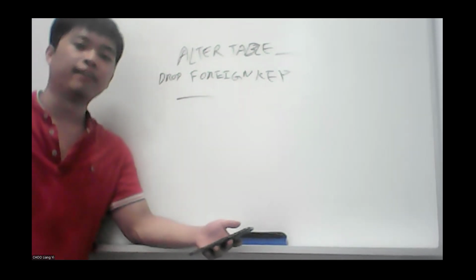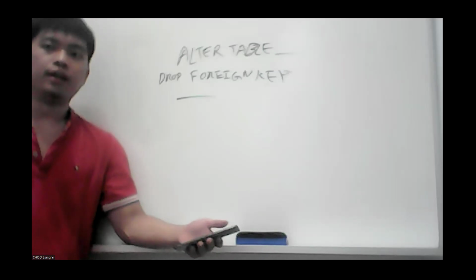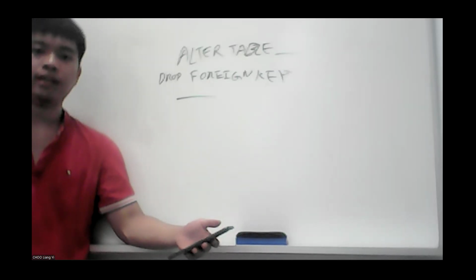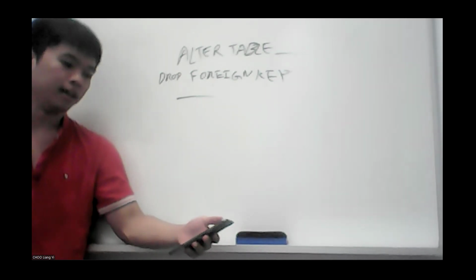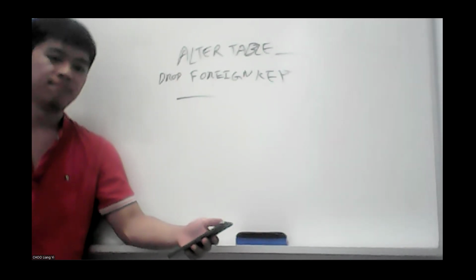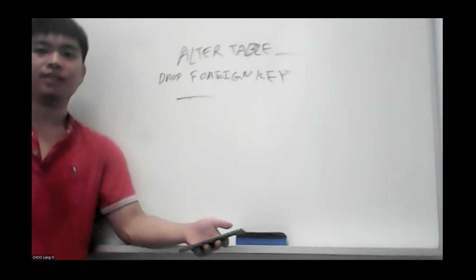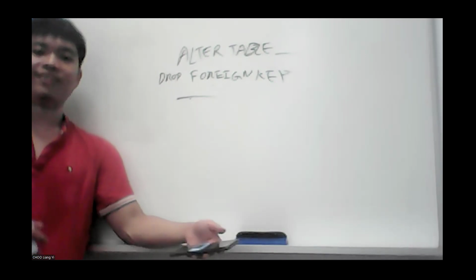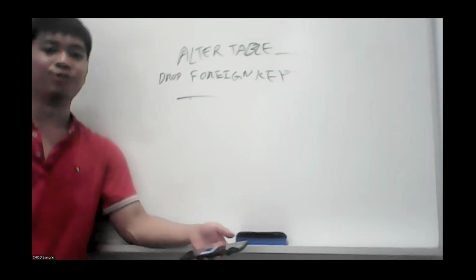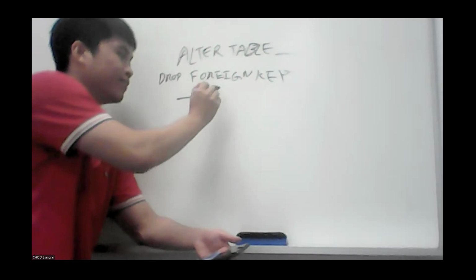Because you're dropping, you just need to tell the computer, I want to drop this constraint, and this constraint is a foreign key. Then you just put the name. The computer already knows the data type and the exact details because the constraint is already created, so it will just drop the thing. And then don't forget the semicolon.